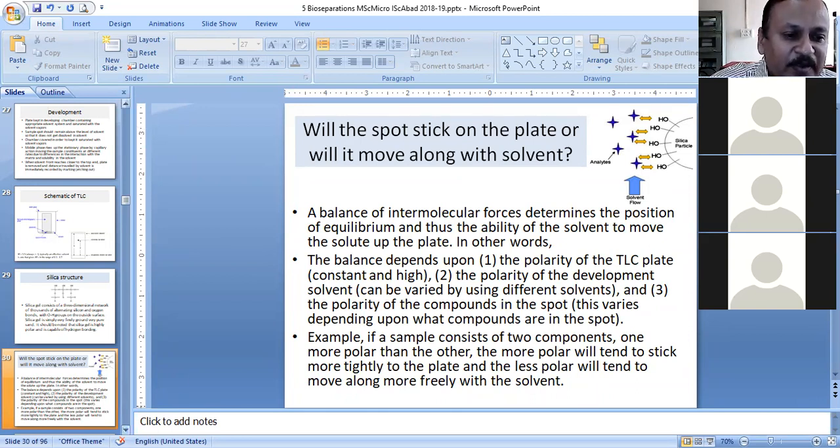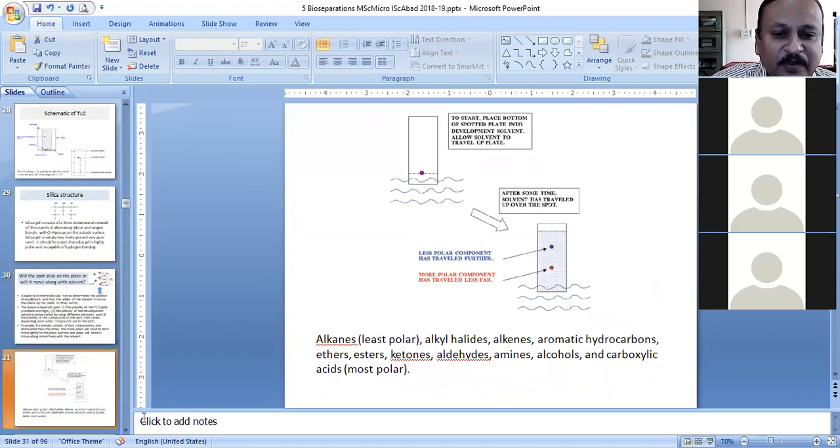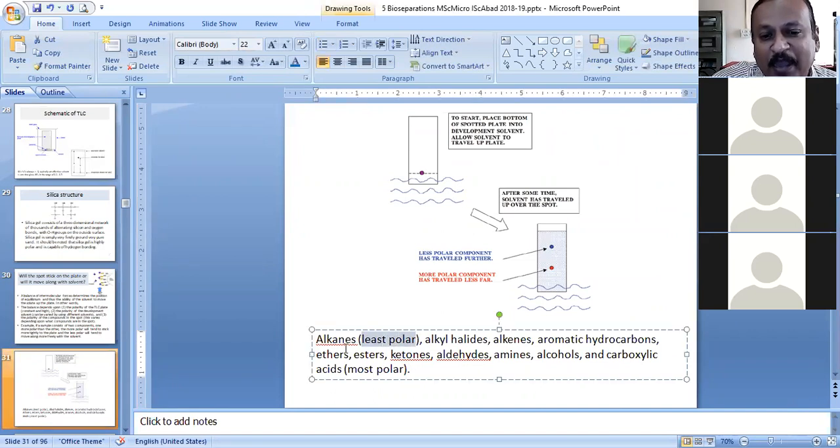See, now here I have given you a list of different solvents. Alkanes are the least polar. Starting from alkanes, we go to increasingly polar solvents, for example, alkyl halides, then alkenes, aromatic hydrocarbons, ethers, esters, ketones, aldehydes, amines, alcohols, and the carboxylic acids.